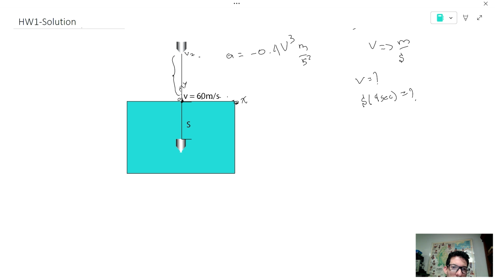I see a lot of you place your velocity here, and that could be correct if you assume that there's no air drag, or if this is going through a material, I don't know, dirt or something, it obviously would not be the case. But I don't want to complicate things, just a comment that the velocity is 60 at this point when it's entering the water or the liquid.